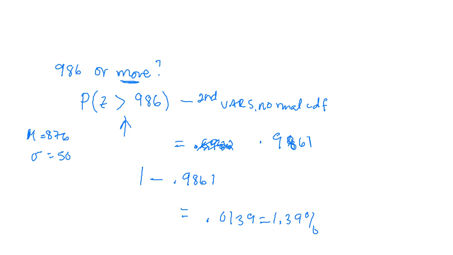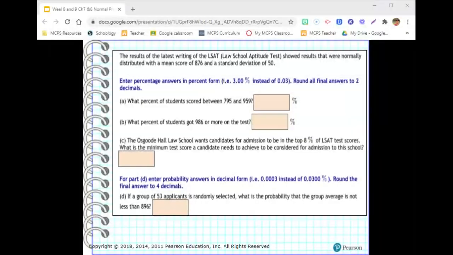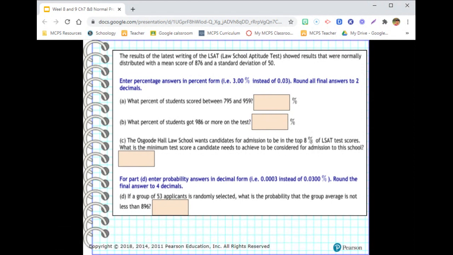All right. The next part of the question. Let me read this. Would all law school wants candidates for admission to be in the top 8% of the test score.